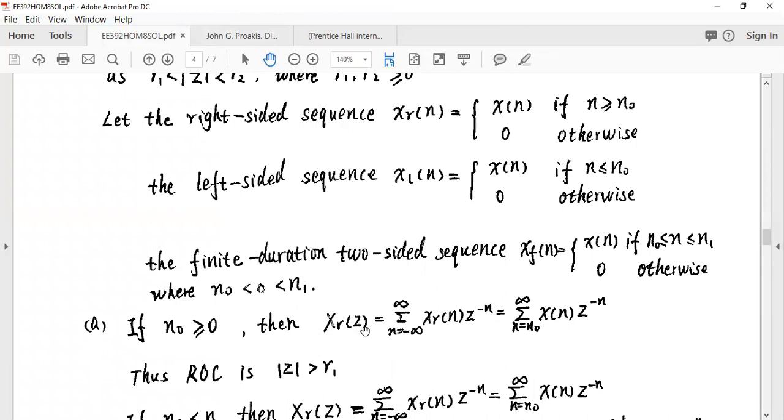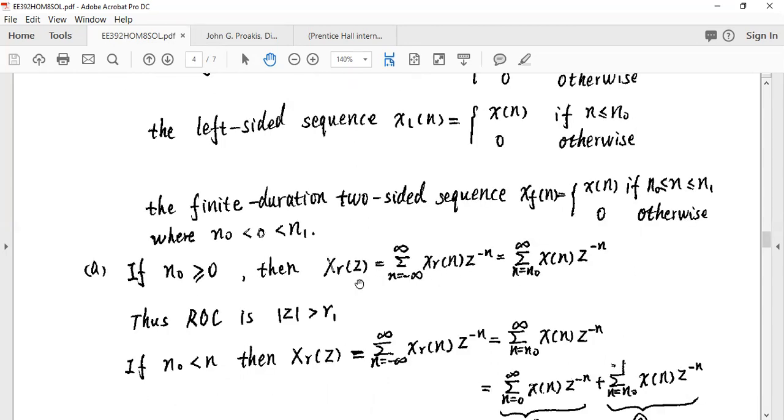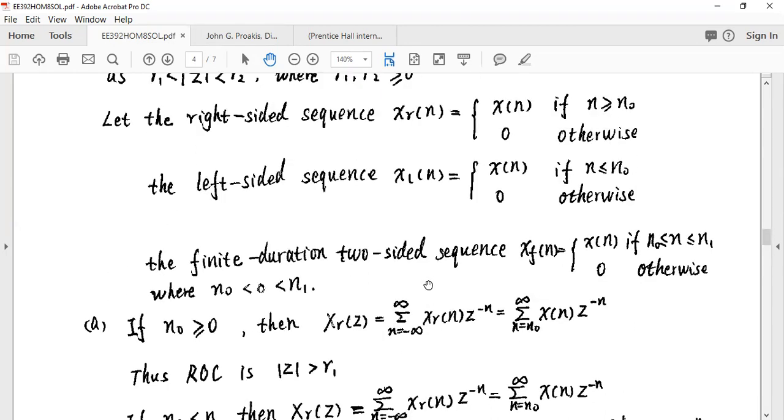Then the right-hand sequence would be the summation from negative infinity to infinity of the right-hand sequence x of n multiplied by z to the power of negative n. This reduces down because the other half will be equal to 0, isn't it?